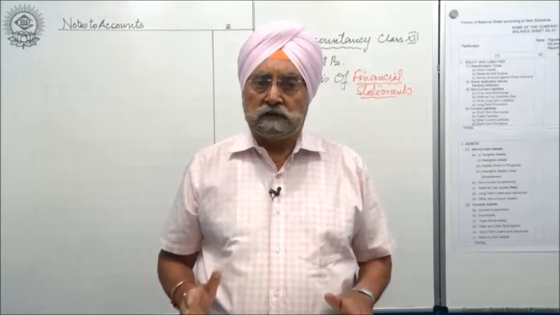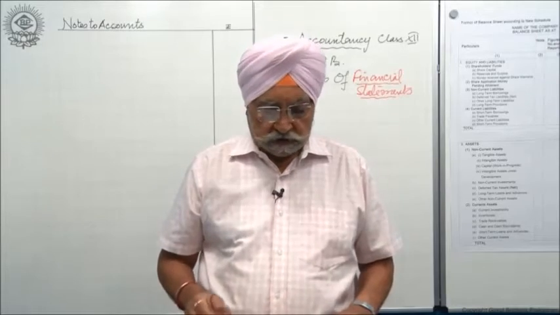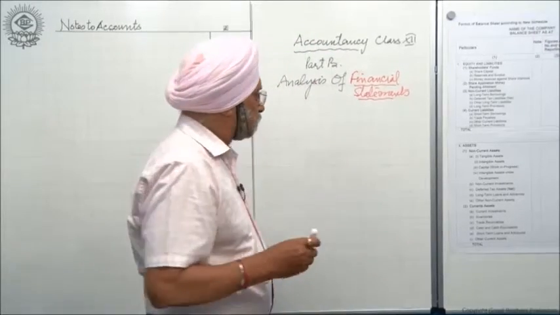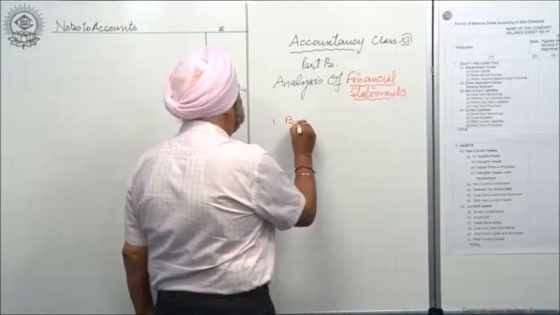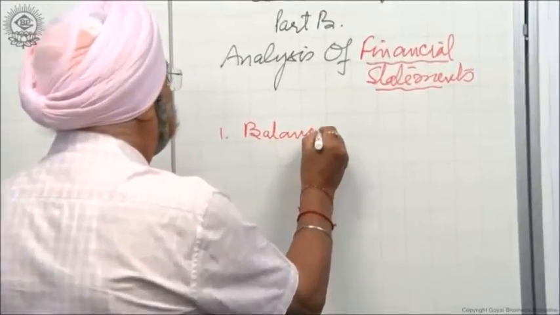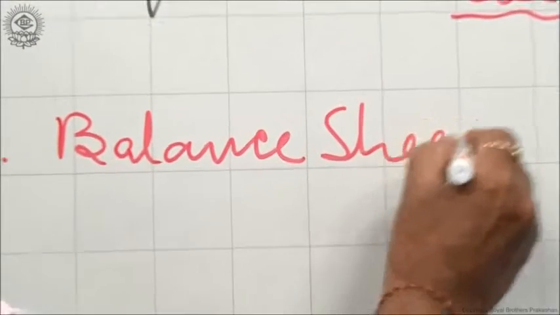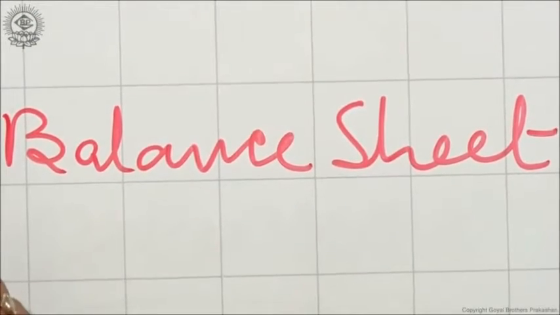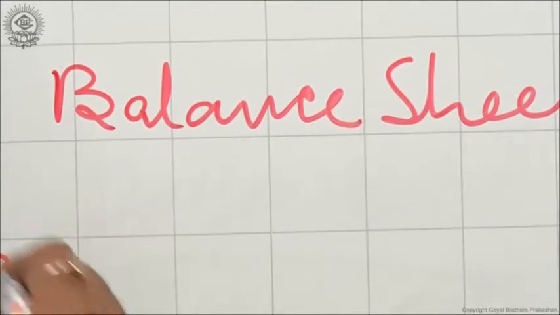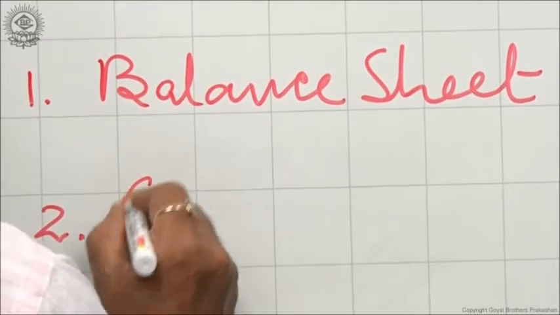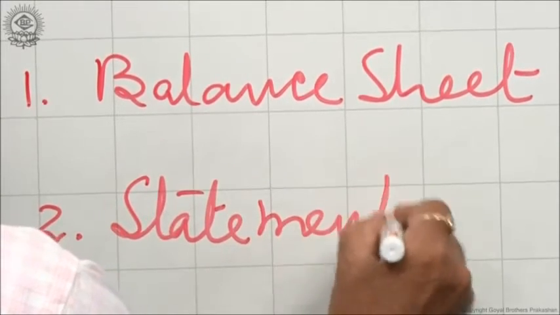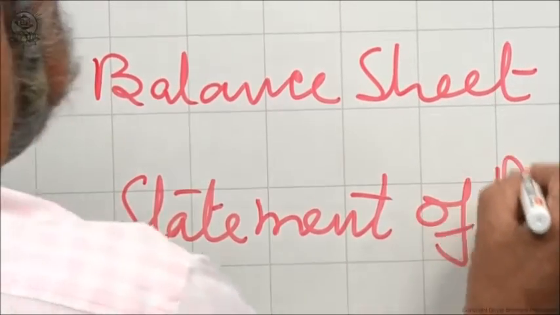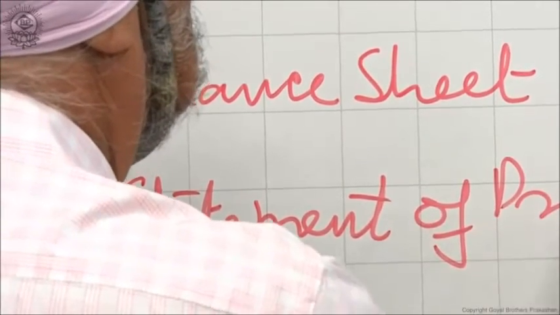Now, these financial statements consist of number one, balance sheet, and number two, statement of profit and loss.